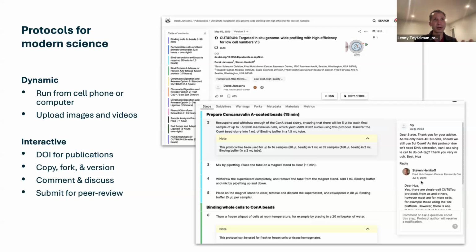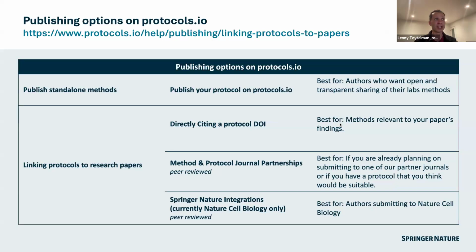Obviously, if you're commenting on private protocols, it's private, but on public protocols, you can comment publicly, and then you're building a sort of library of discussions that help everyone who is visiting and might have the same questions instead of answering them one by one. Okay, so that's all I'll say about the functionality.